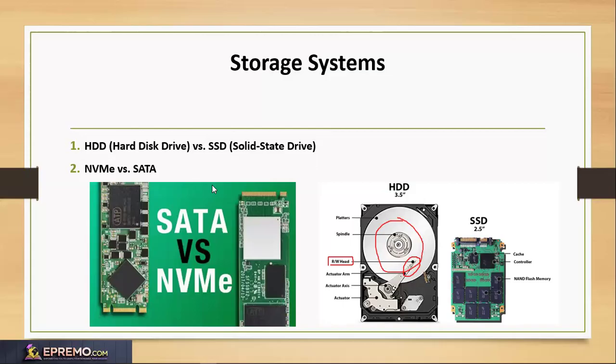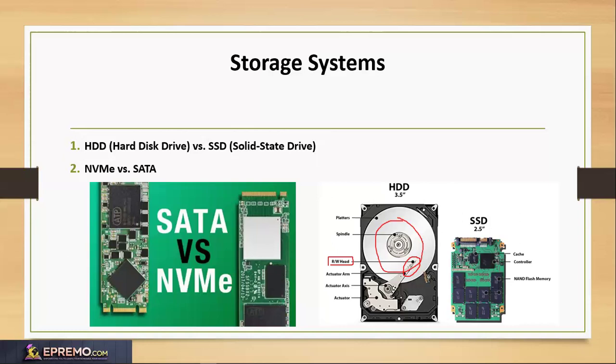Then the use cases: it is best used for what? Gaming systems, video editing, professional workloads like 3D rendering, AI and machine learning, database servers, and high-speed computing. So the NVMe is the fastest of the SSDs. And then the cost. NVMe SSDs tend to be more expensive than SATA SSDs, but offer much better performance.